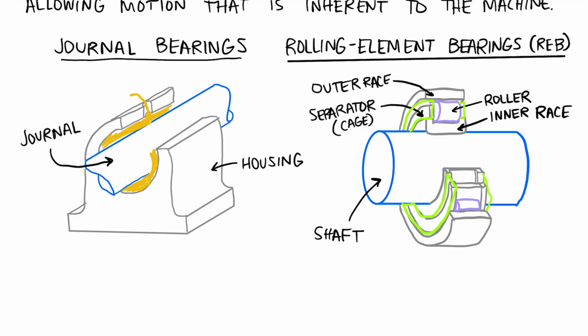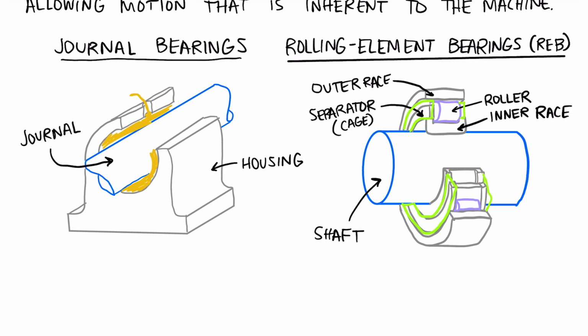Now, eventually your lubricant will degrade over time, right? Eventually you'll have surface fatigue of the components inside your rolling element bearing. Little particles from the surface will flake off and act as an abrasive element that continues to damage the rollers and the races.